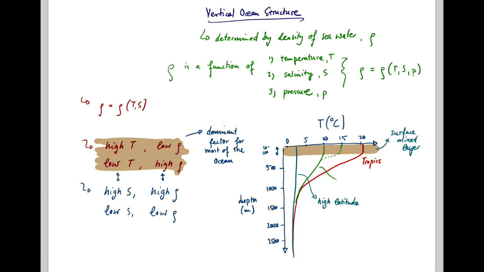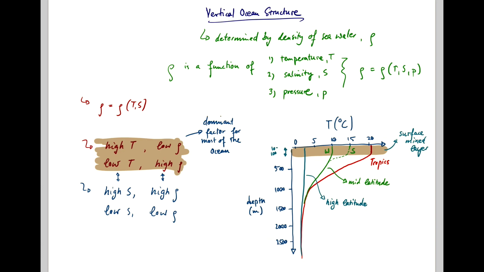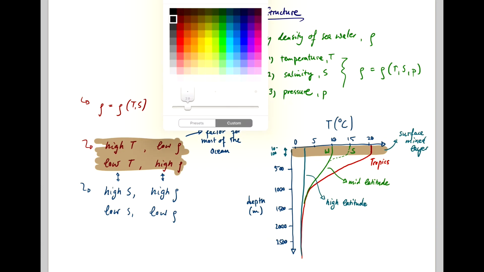So this is mid-latitude, and then this is winter and summer curves. So this picture gives you an idea of what the vertical structure of the temperature of the ocean looks like.